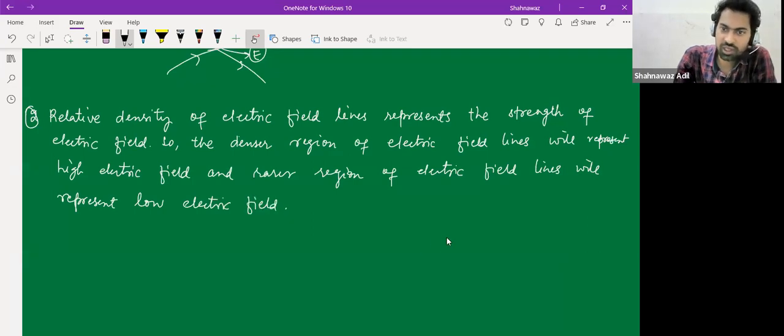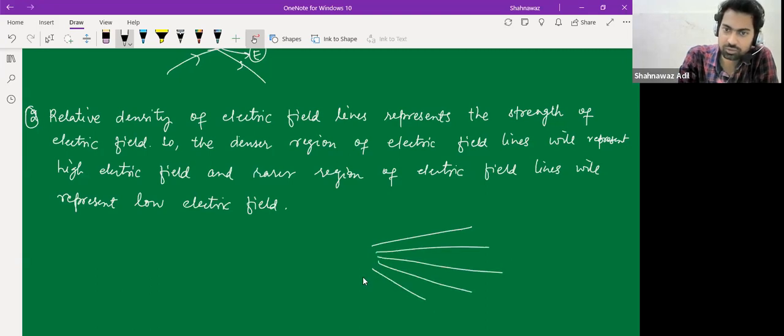Right. So let's say you have these. At this point, you see that the electric field lines are denser, right, guys? Yes, sir.